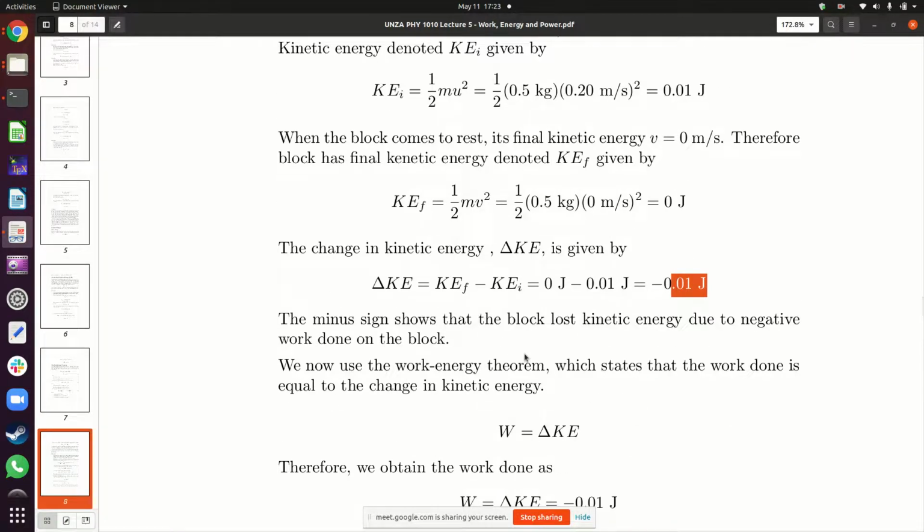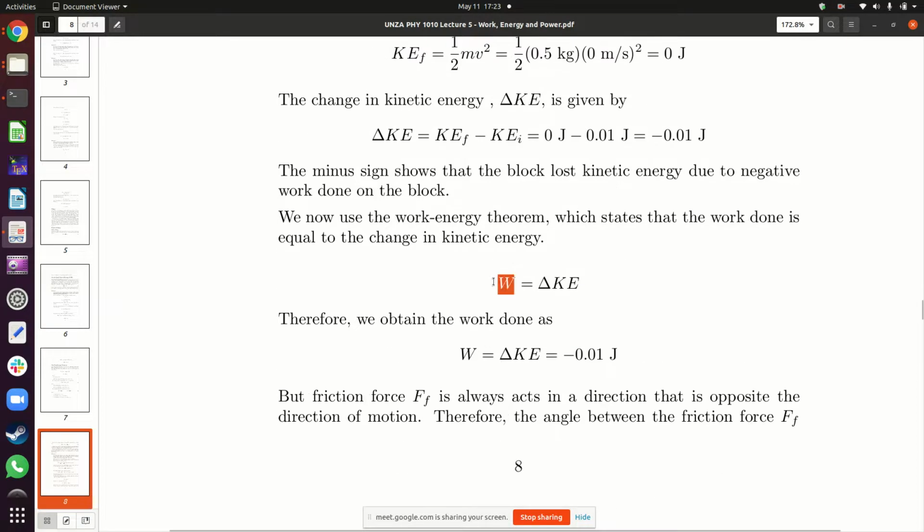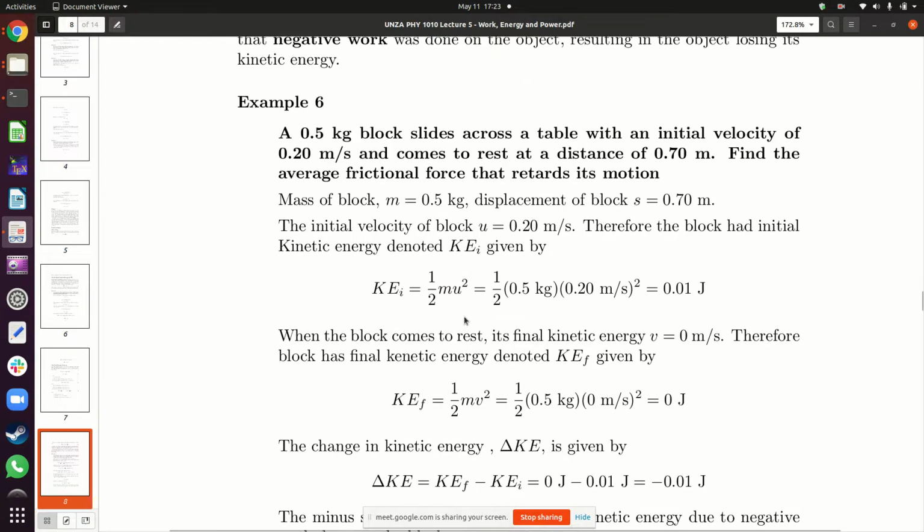So you can see that the change in kinetic energy is negative, meaning that this particular object lost kinetic energy. So this is what we know in terms of energy. We can use the work-energy theorem to say that the change in kinetic energy, which is what you have found, is equal to the work done. Now, what is slowing down this particular object?